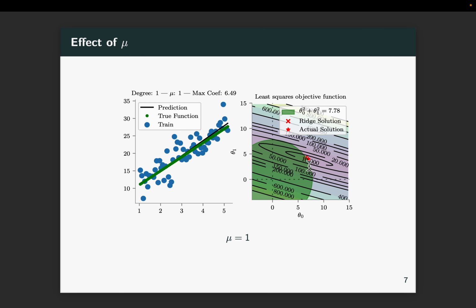The y value for the cross is more than the y value for the star, which means theta 1 is increased, but theta naught has decreased. So, the x value for the cross is less than the x value for the star. Overall, theta naught squared plus theta 1 squared has reduced, which is the main thing. We do not care about the individual theta i's, but overall summation theta i squared should reduce.